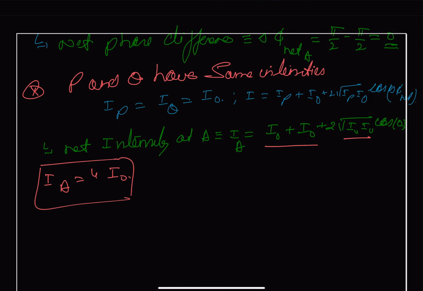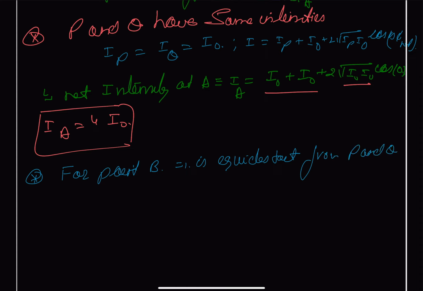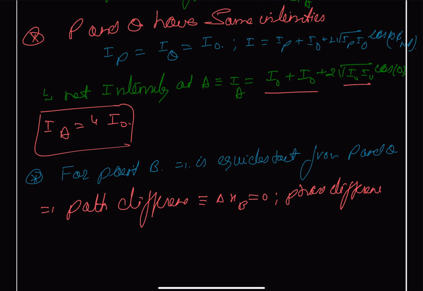And now we can solve for B. So we can say for point B, and this point B is equidistant from both P and Q. Therefore, the path difference, that is our delta x of B, will be equal to 0, and the phase difference, that is our delta phi of B, will also be equal to 0.